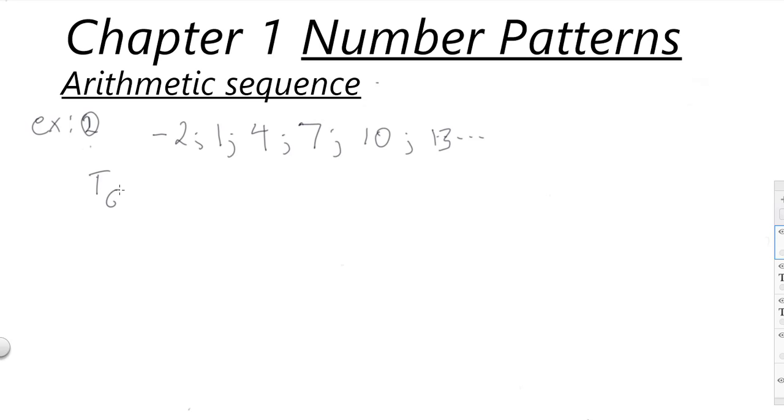T6 equal to 13, and then they say T3 equal to 4. All right.